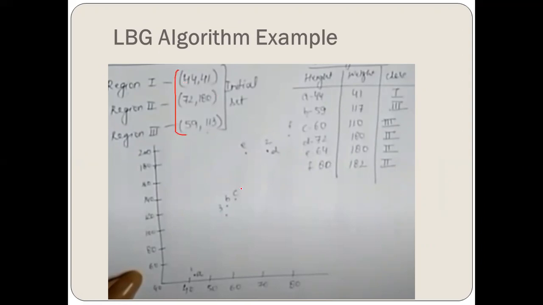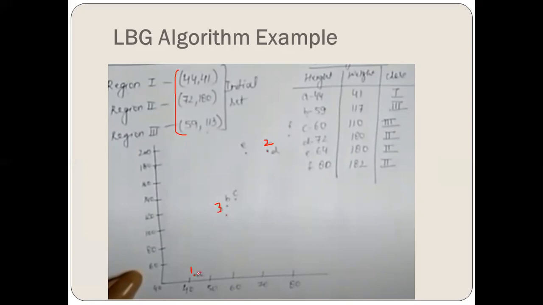So for the initial set, again I will plot the graph. This is for 1, 44 and 41. This is for 2. I'm not exactly showing you how to plot, now you must have understood. This is for 3.